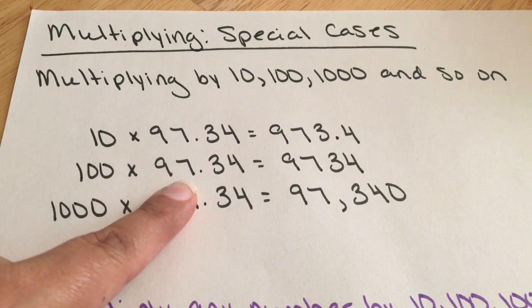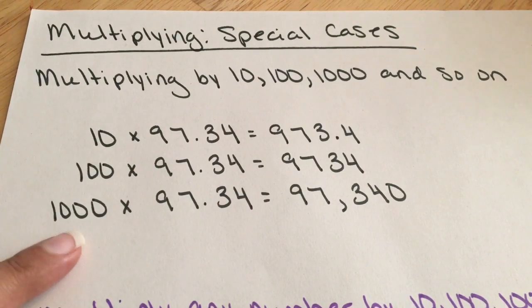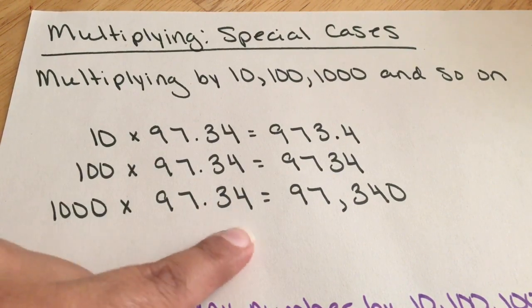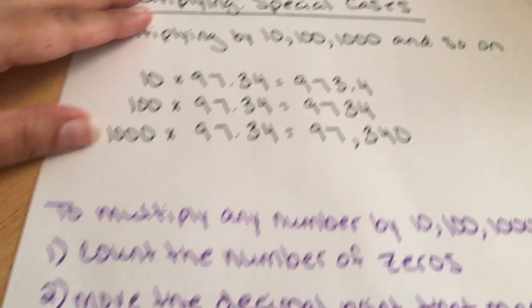100 times 97.34, 9,734. 1,000 times 97.34 is 97,340. So if we again recognize a pattern here, we should be able to identify what we're going to do next. If not, again, we have two steps that are going to help us, and here they are.